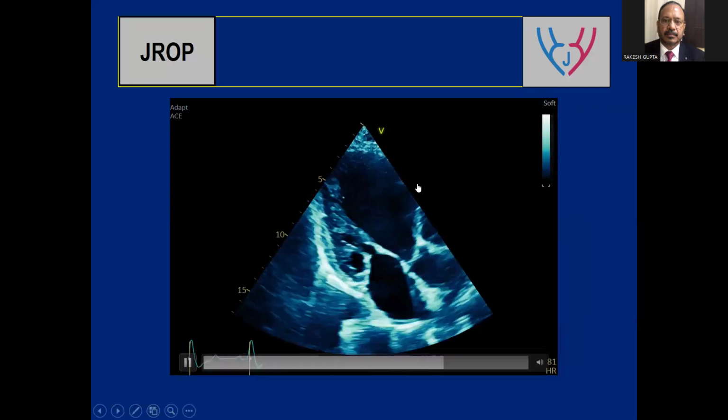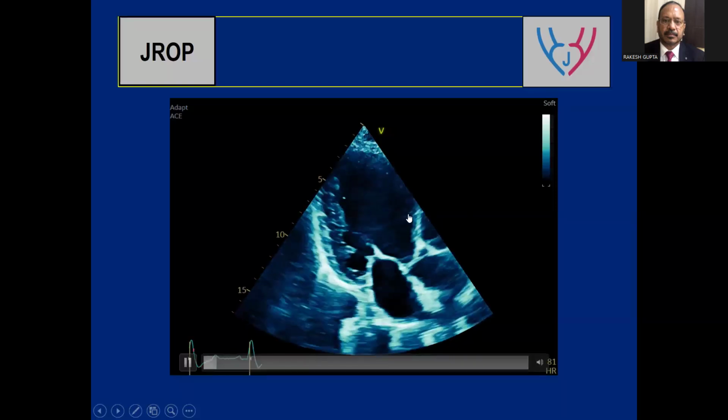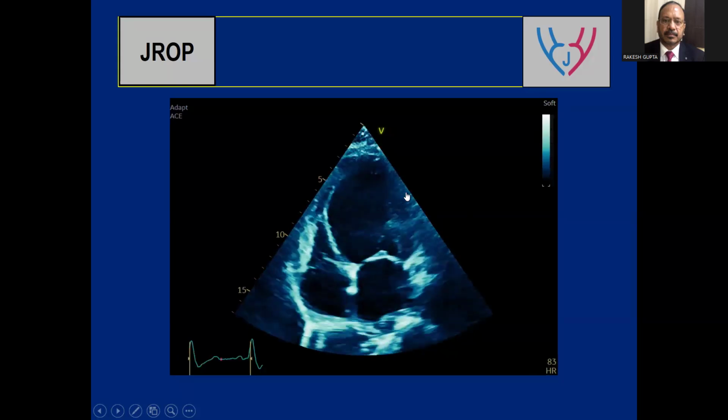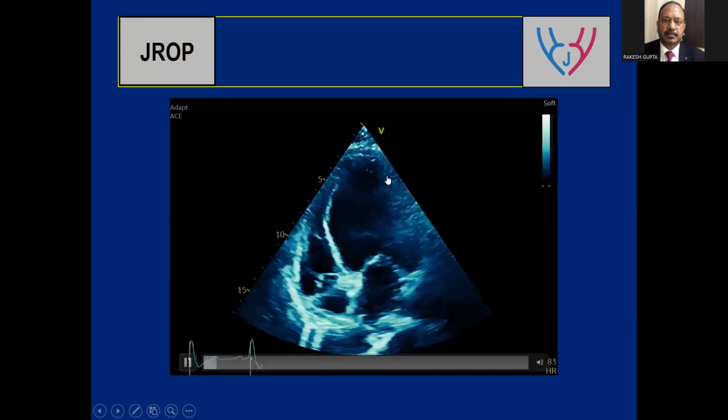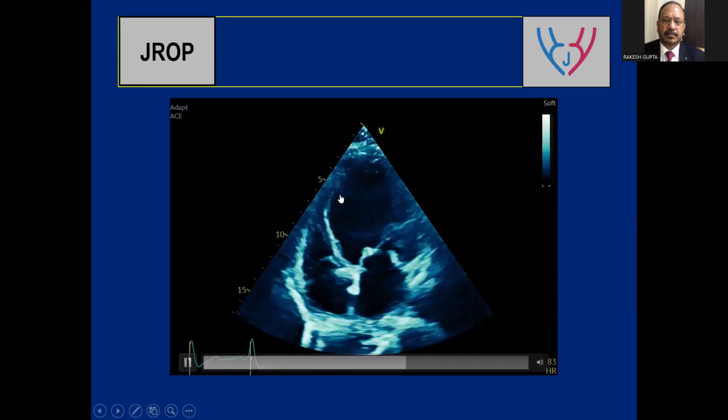This part of the mid-anterior septum is not contracting. How about this part? So if we take this mid-anterior septum, which is not contracting, and then we go on to see an apical septum, which is also not contracting, it is almost thinned out. Look at the basal inferior segment. It's thinned out, hyperechoic.